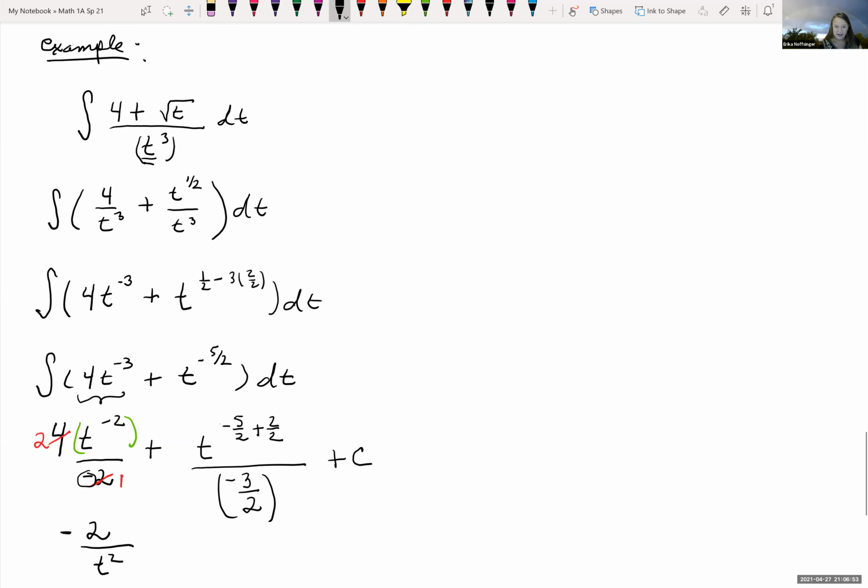I don't like that I'm dividing by a fraction, so I can invert and multiply. Same thing as multiplying by -2/3. So this will be minus, because of this negative. Flip it, so 2/3 t to the, well, -5/2 plus 2/2, we said was -3/2, plus c.